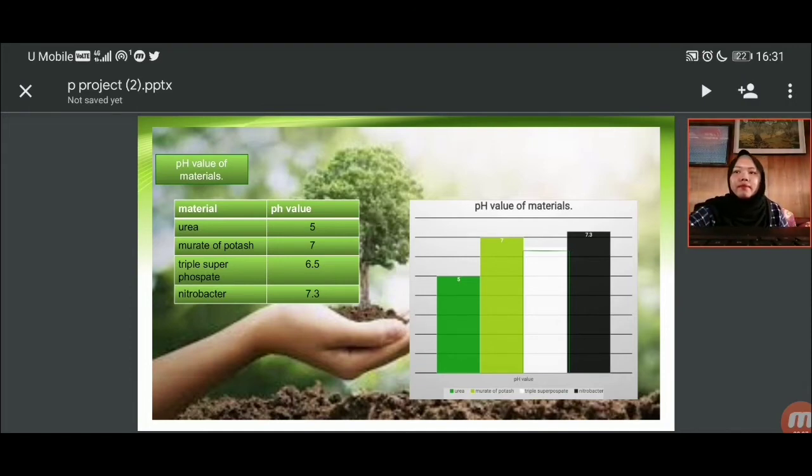Next is Nitrobacter. Nitrobacter are mainly used in the process of biological nitrification. This species is an autotrophic microorganism, an inorganic autotrophic bacteria.